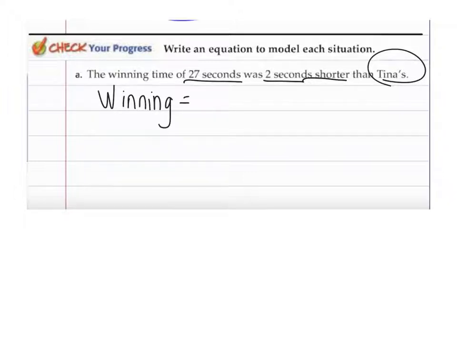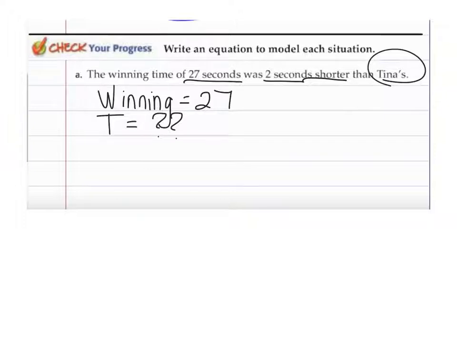Winning was 27 seconds. And that was 2 seconds shorter than Tina's. So we don't know what Tina's is. But we do know that Tina's was 2 seconds more than the winning time, or the winning time was 2 seconds shorter than Tina's.